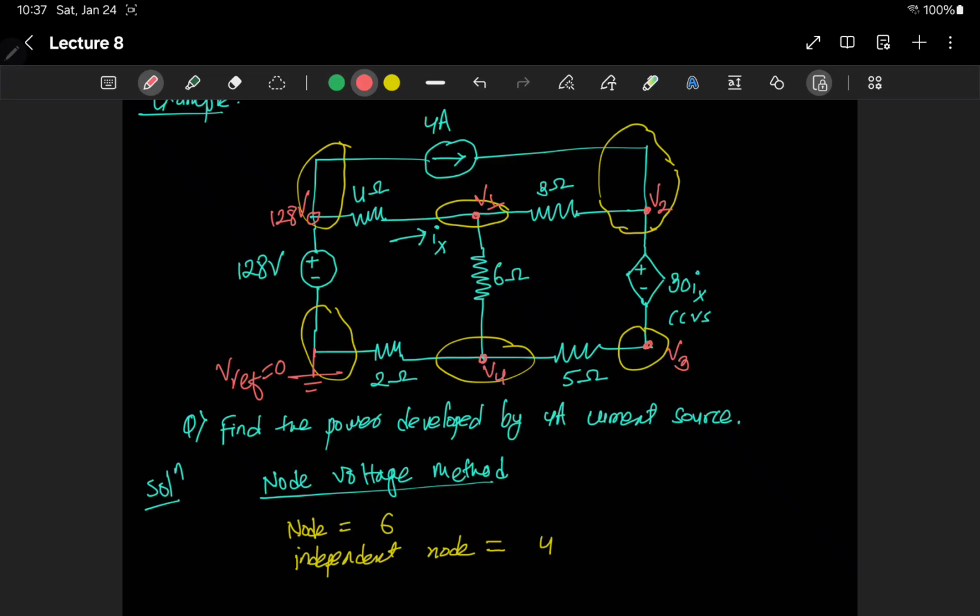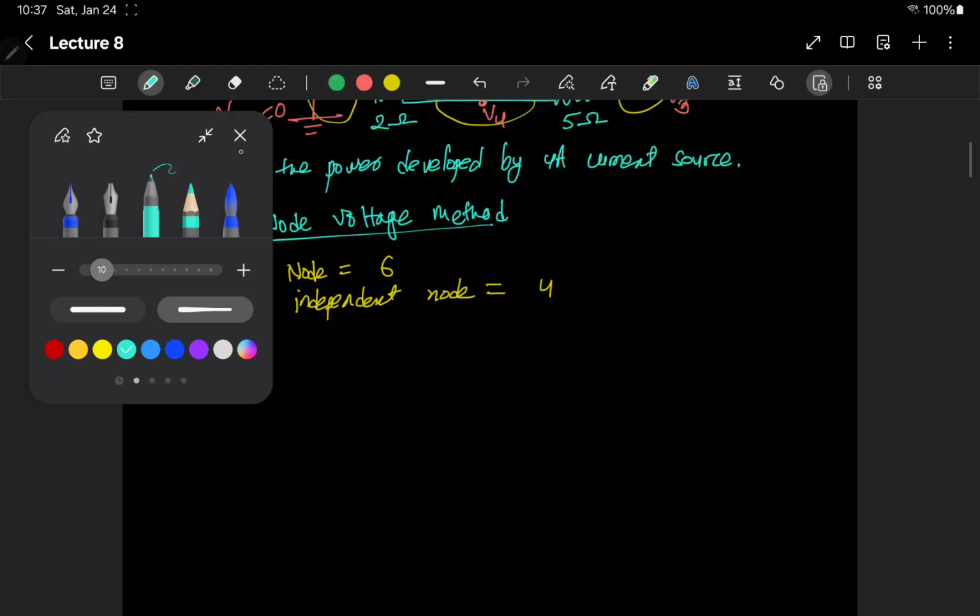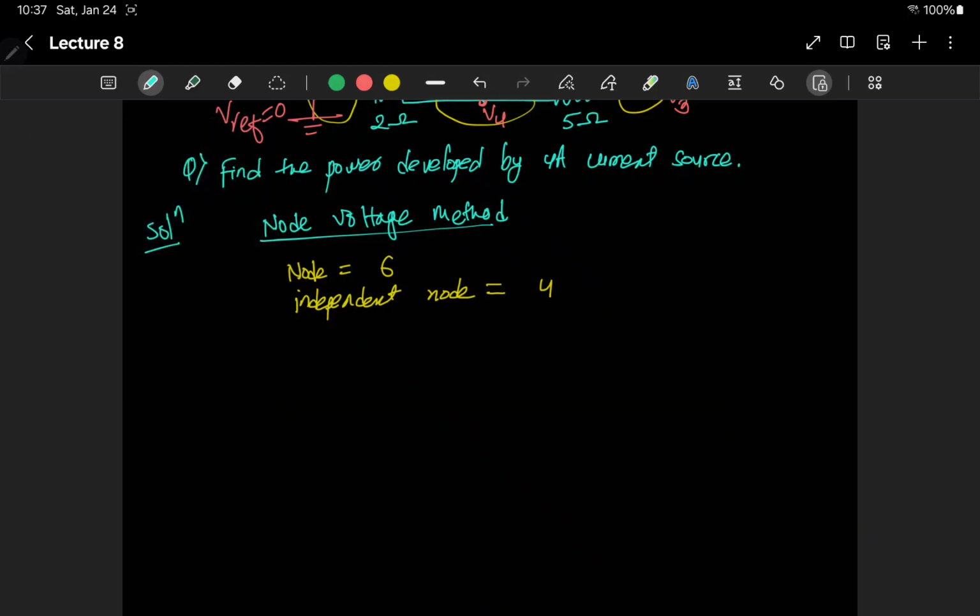Our first step in the node voltage method is assigning the current directions through the resistive elements.